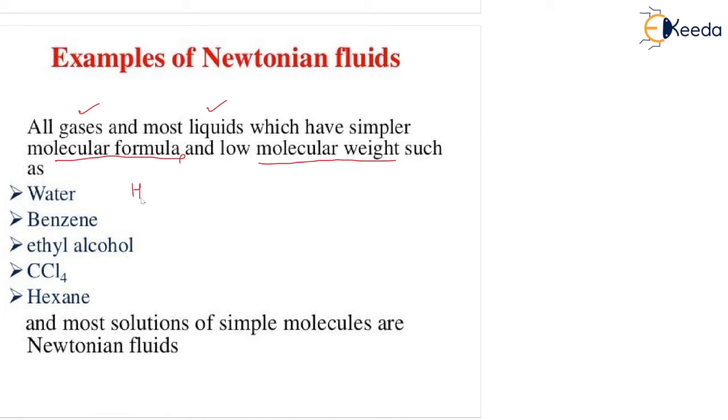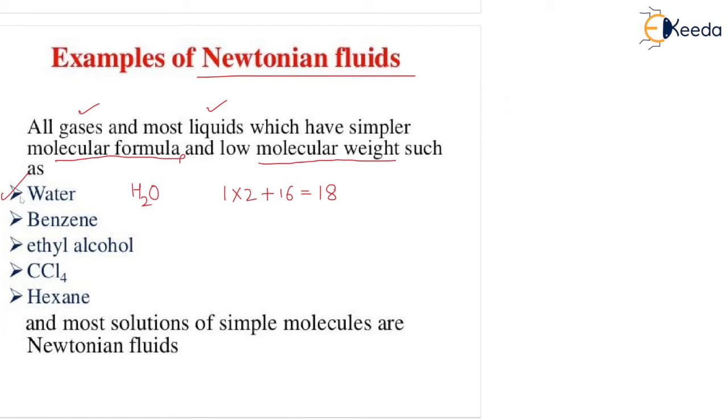Water is H2O. What is the molecular weight of water? You know that 1 into 2 plus 16 for oxygen, that is a total of 18. So lower molecular weight. All gases or liquids which have simpler molecular formula and weight come under the category of Newtonian fluids.